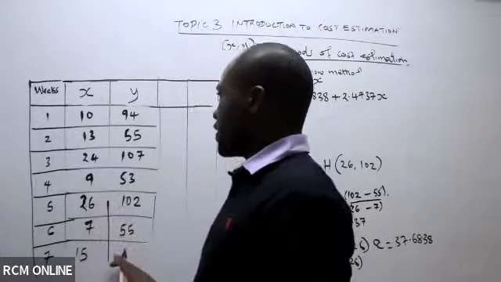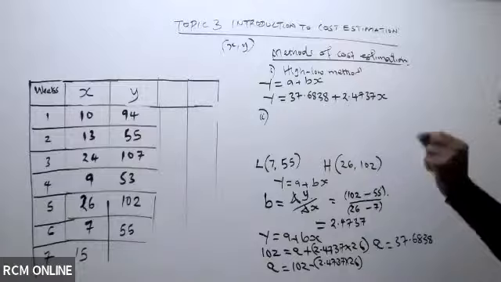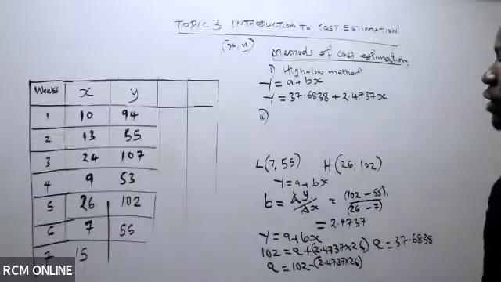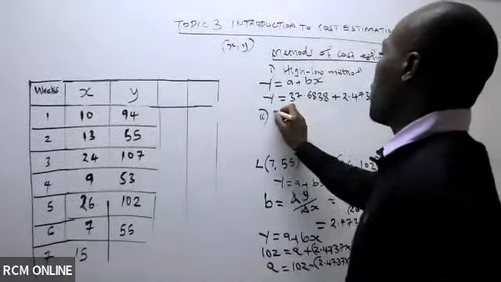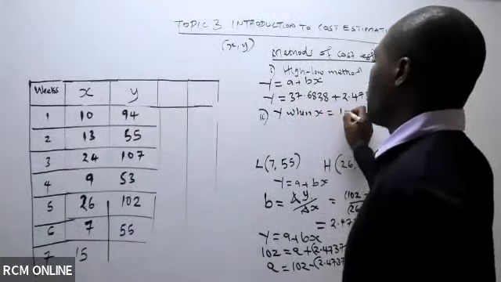So can someone give us total production cost? If in week 7, the company is anticipating production of 15 units, can we do that? It is basically the value of y when x is equal to 15.